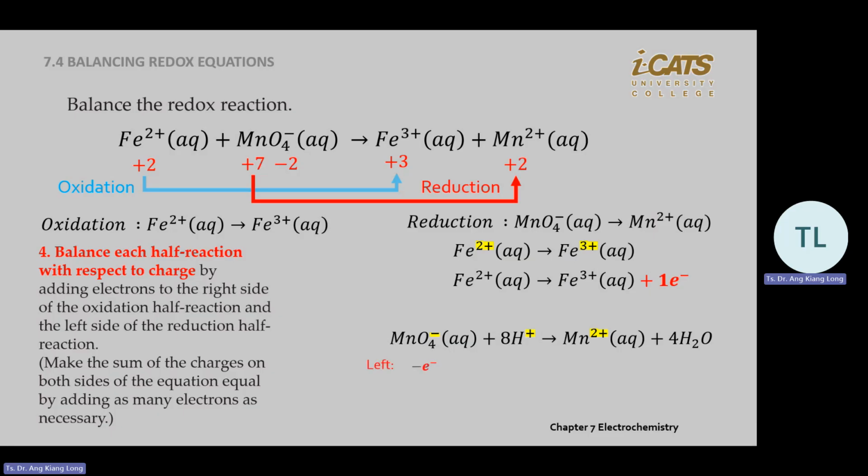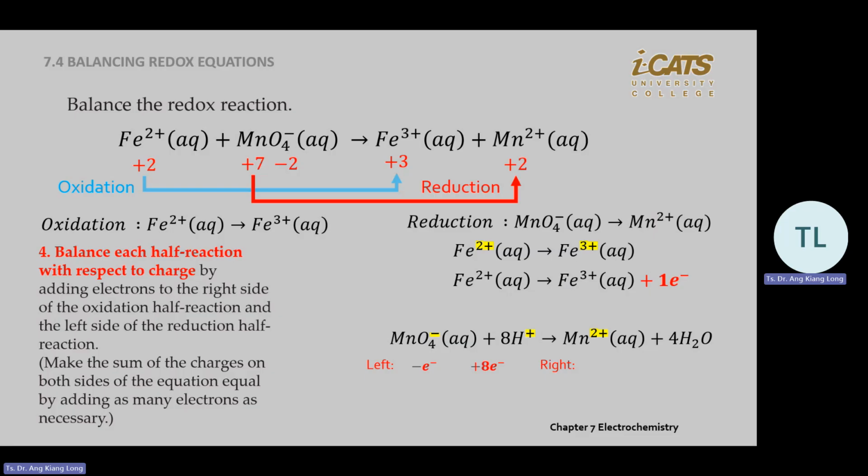This next one is a bit challenging, but for MnO4, you need to slowly count the electrons. Okay, I'll give you the answer. MnO4 negative, you got 1 negative. So below there, you just write 1 negative, 1 electron.